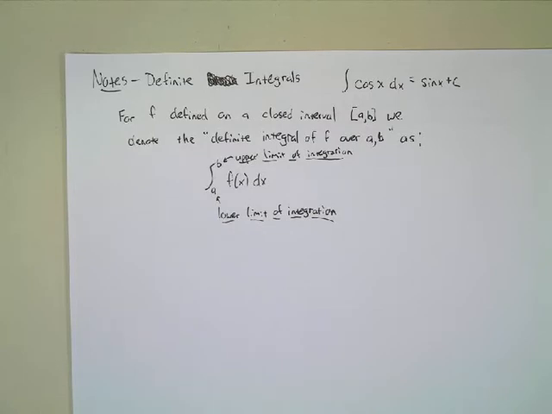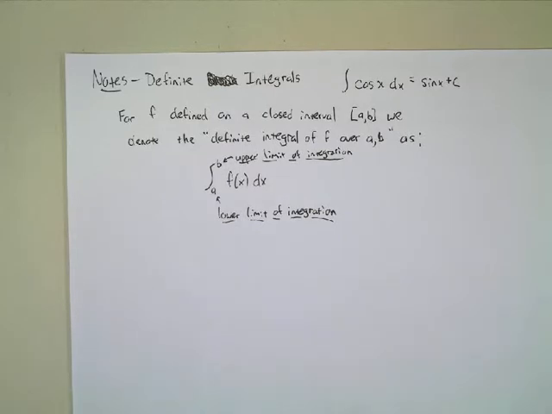Where you start is your lower limit of integration, and where you want to integrate to is your upper limit. So it could go backwards. Correct. You could talk about a velocity function over time, and if you want to find your change in position from time t equals 4 back to time t equals 2, you can integrate backwards and figure out an earlier position in time.